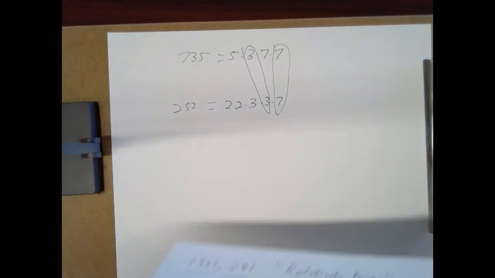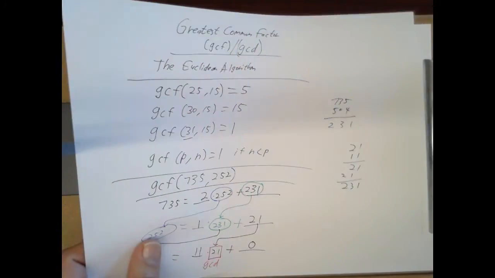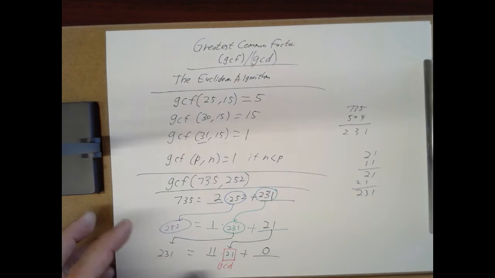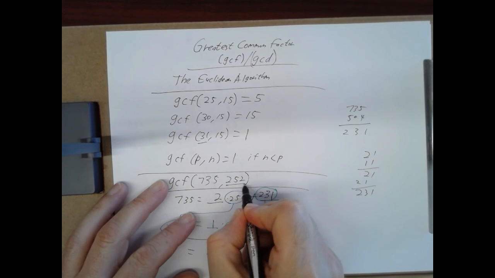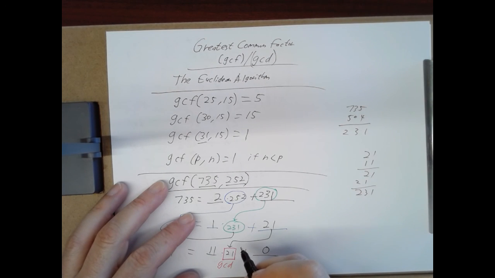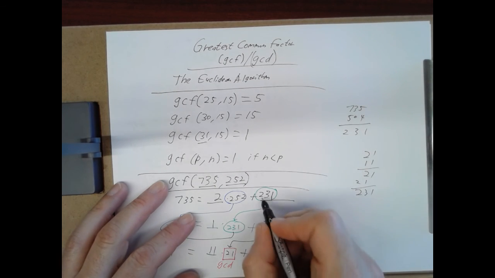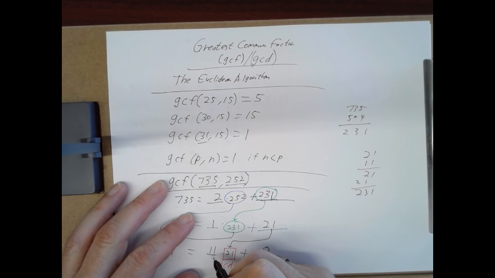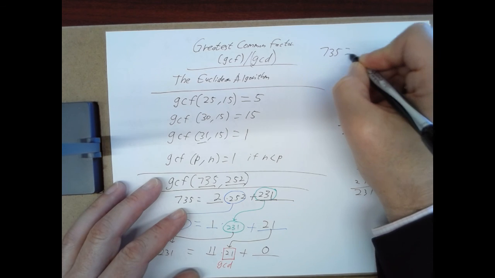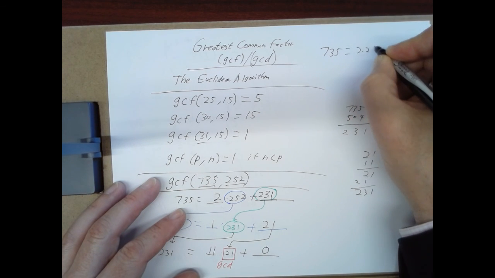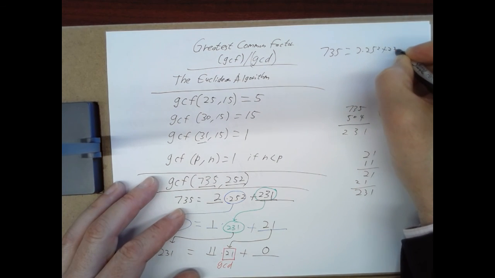All right, so why does this work? It's modular arithmetic again. If we have something which divides this number and divides this number, it's also going to divide this number. So 735 equals something times 252 plus 231.